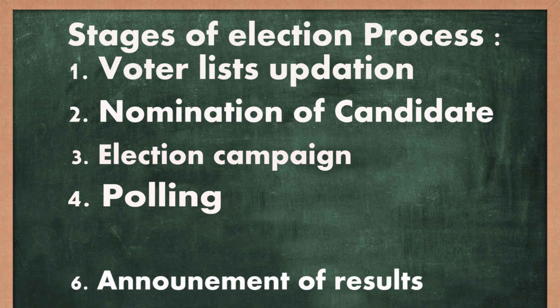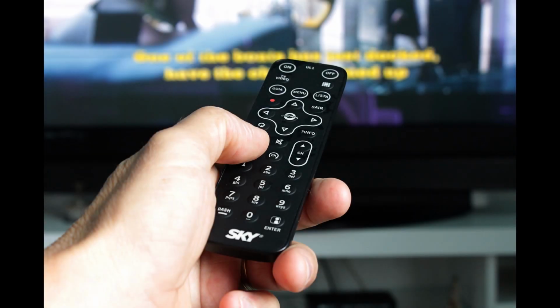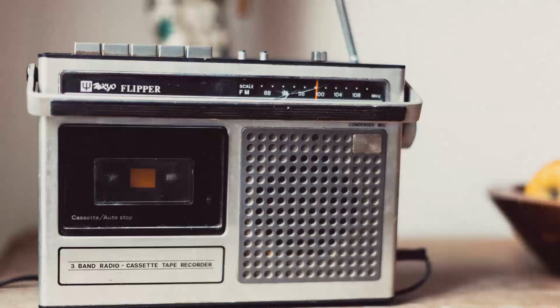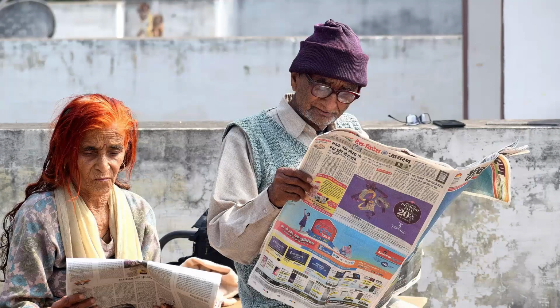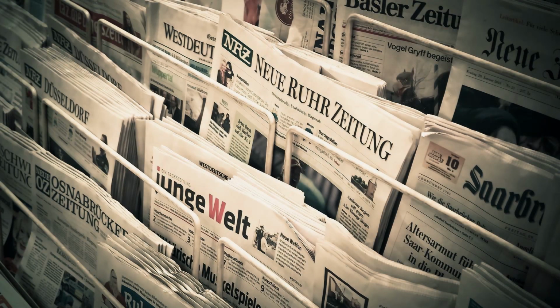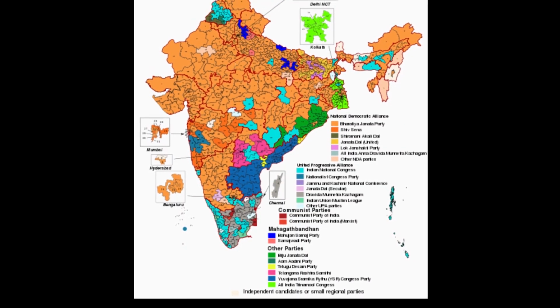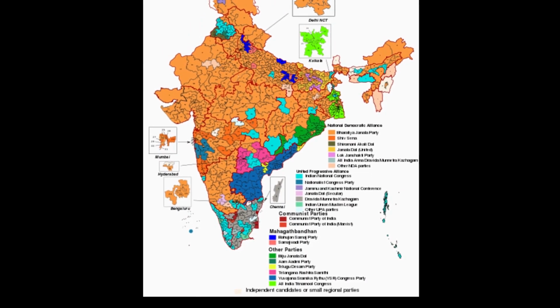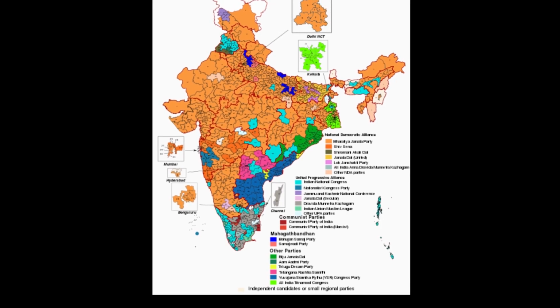The counting of votes usually takes place on the same day at the same time. Television channels, radio, and news portals report the results of all the constituencies and the trend in all the constituencies. With the full declaration of the results, it becomes clear as to which party or which coalition will form the next government.